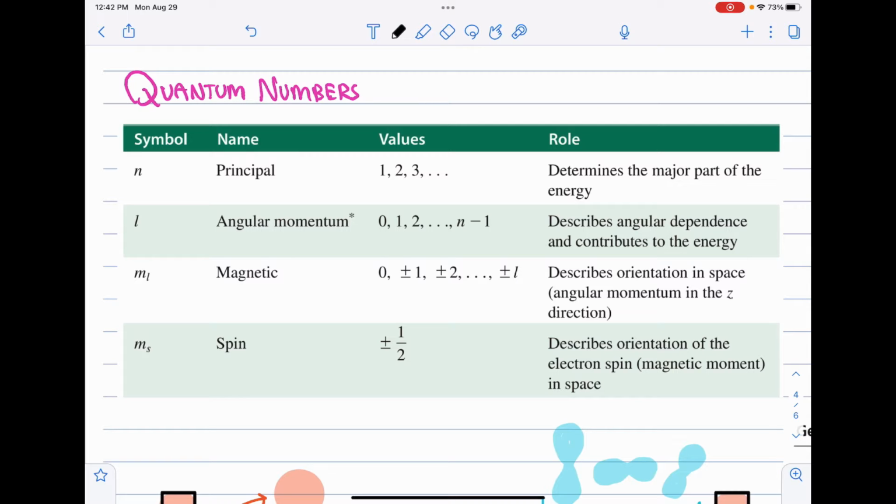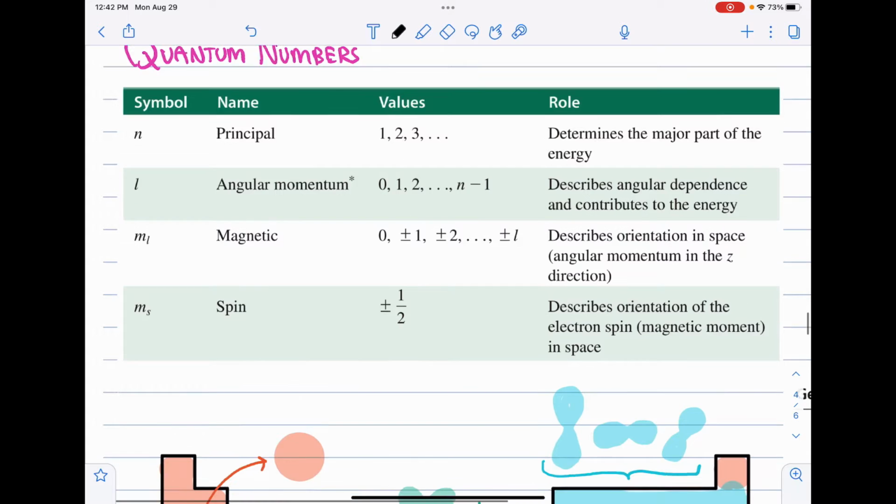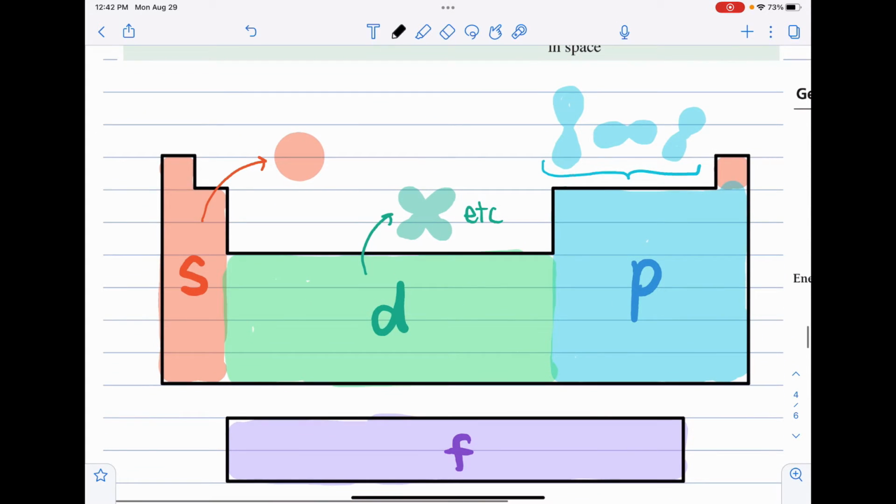And each of these quantum numbers, or the first 2 at least, are connected a bit to the periodic table. So we've organized the periodic table so that we can kind of see the quantum numbers. When you look at the different rows or periods, 1, 2, 3, 4, 5, 6, 7, that's the principal quantum number.